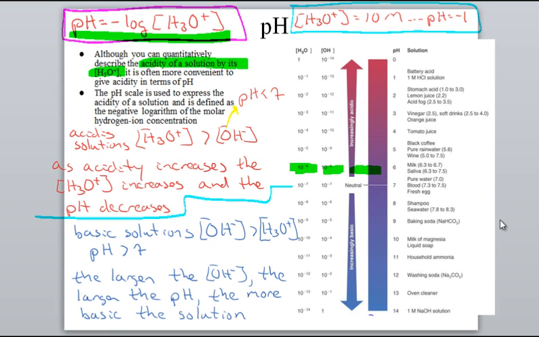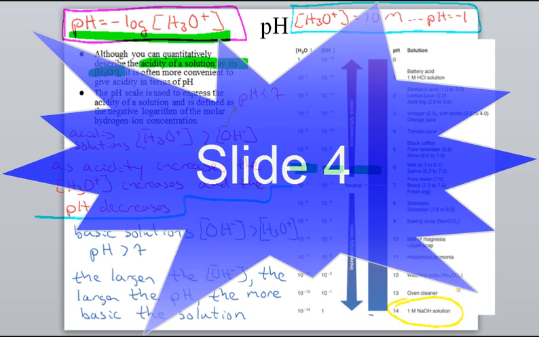When it's really high, 6 molarity hydroxide, that's a very basic solution. On our pH scale, we have labeled 1 molarity sodium hydroxide. So 1 molarity hydroxide, you get a pH of 14. If we had a 6 molarity sodium hydroxide solution in our dropper bottle, its pH would be slightly greater than 14.